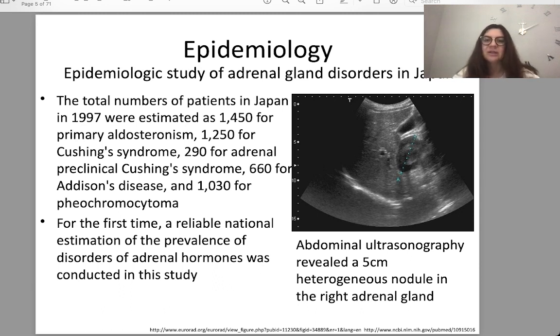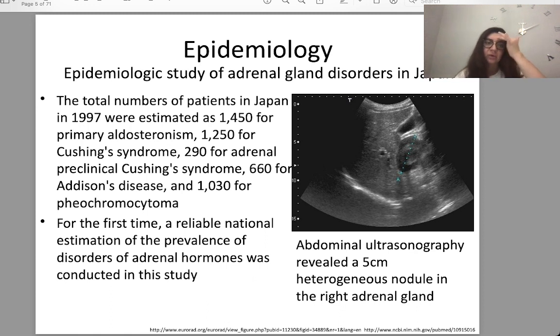Epidemiology of adrenal gland disorders. I give you as an example the epidemiology of Japan because it is one of the best described and in a better way calculated.